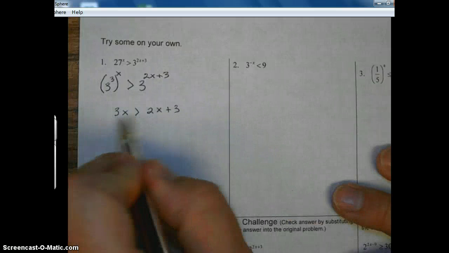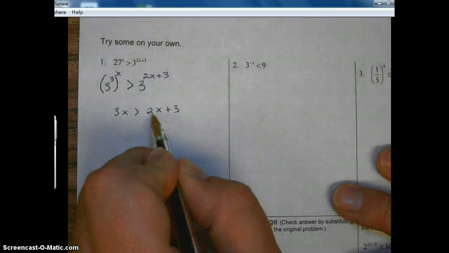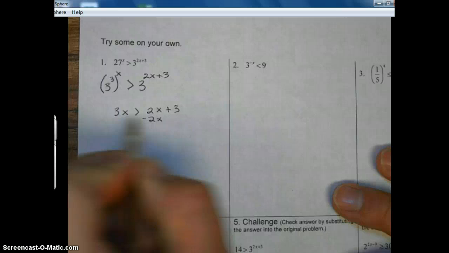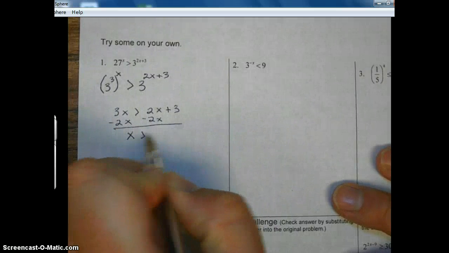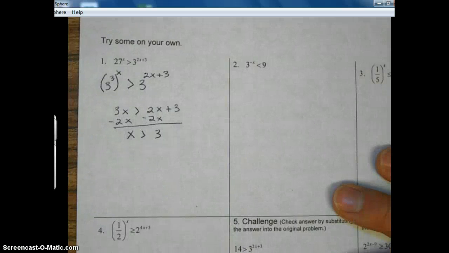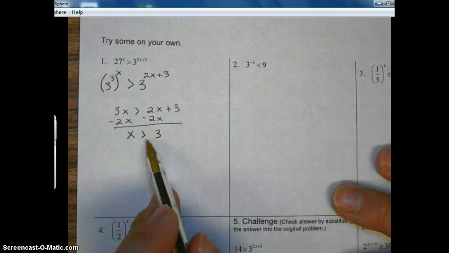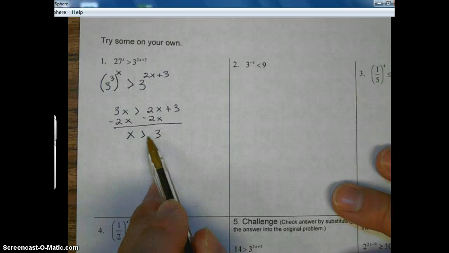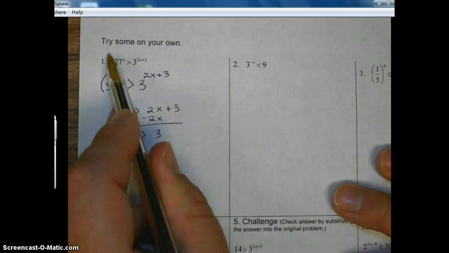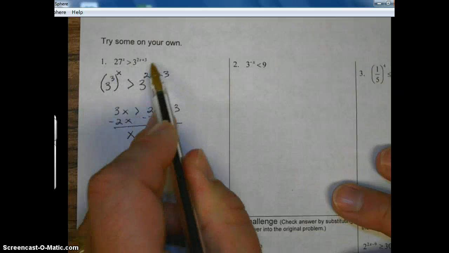Solving for x, we're going to get rid of the 2x, so subtract the 2x on each side. X is greater than 3. So anytime we're dealing with an inequality, we want to test our answer to see if it's true that all values greater than 3 work in this problem.